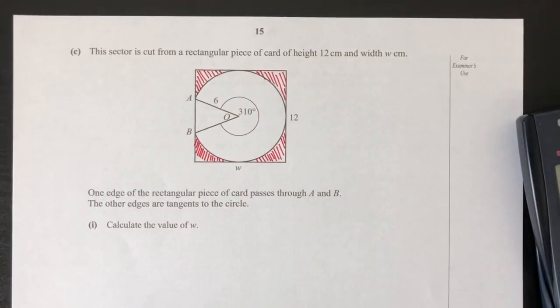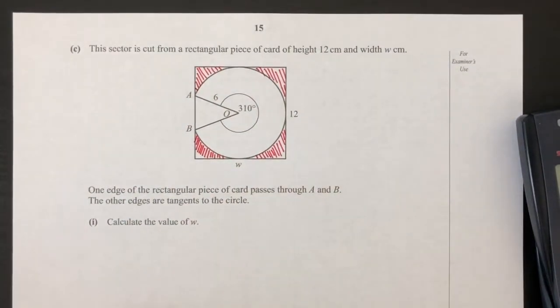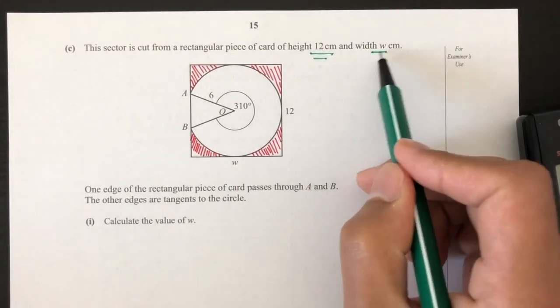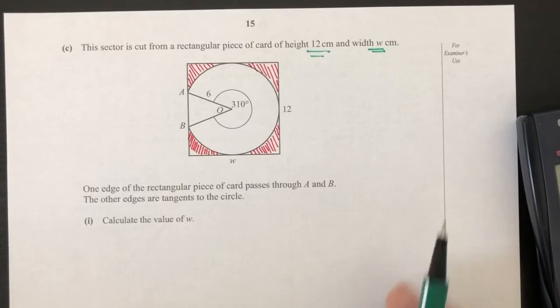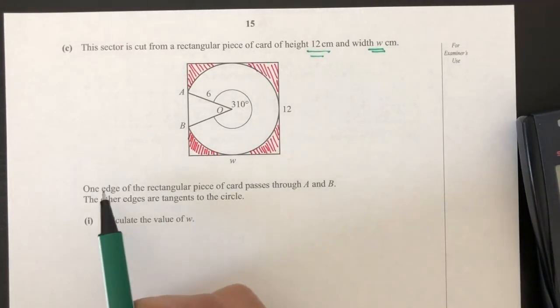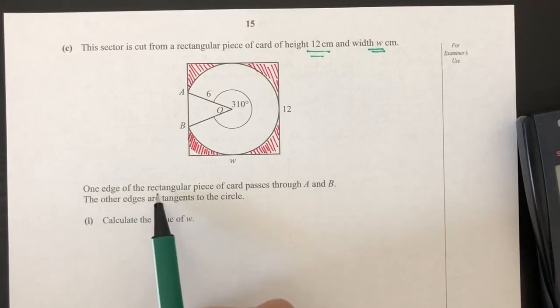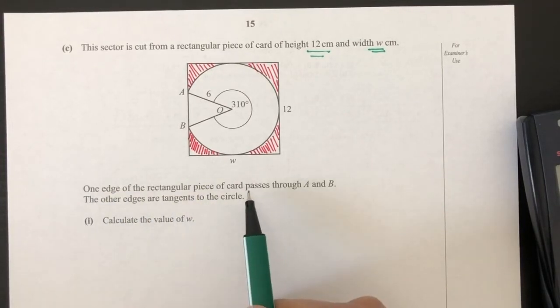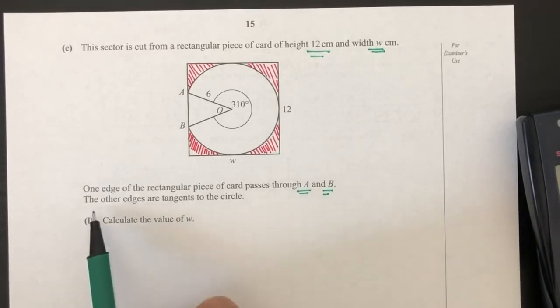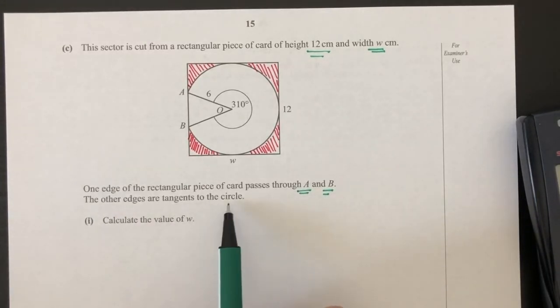So the sector is cut from a rectangular piece of card of height 12 and width W. Now let's see, what does it say? One edge of the rectangular piece of card passes through A and B. The other edges are tangents to the circle.